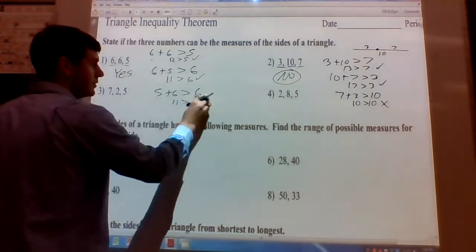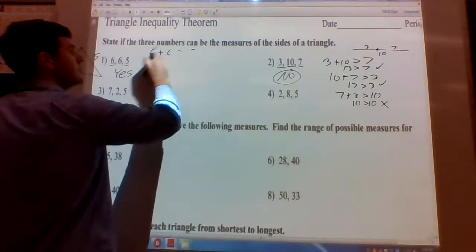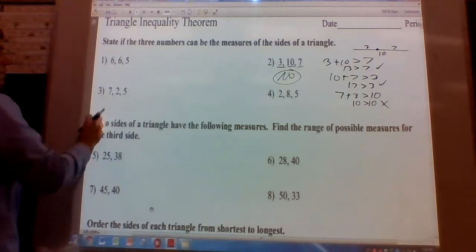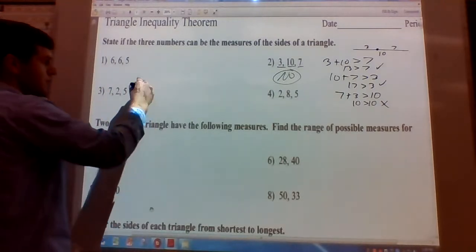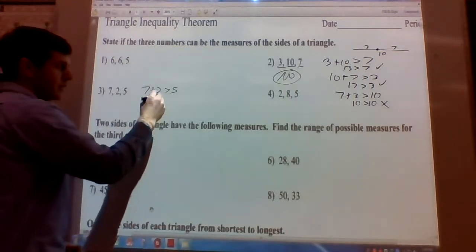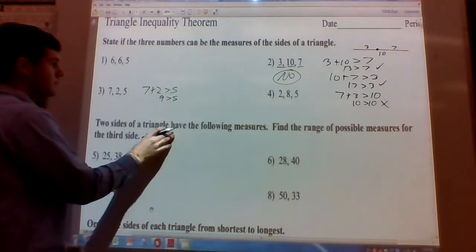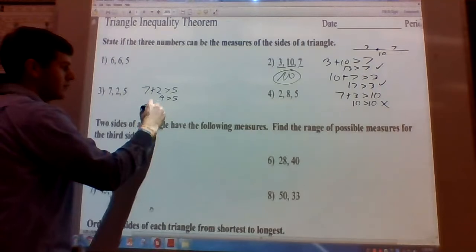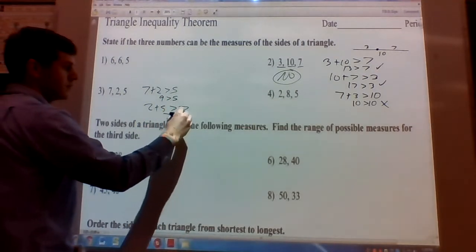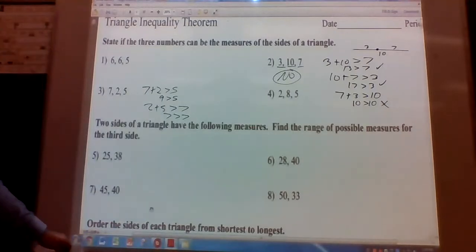All right, number 3. 7 plus 2 is greater than 5. That's going to be true. You're going to get 9 is greater than 5. 2 plus 5 is greater than 7. So we get 7 is greater than 7, and is 7 greater than 7?